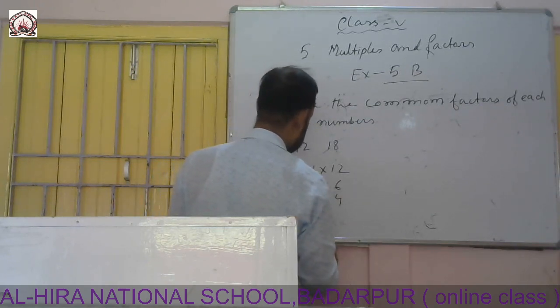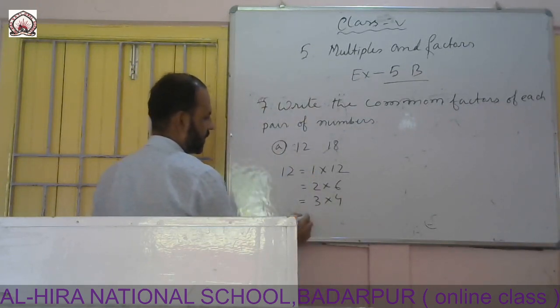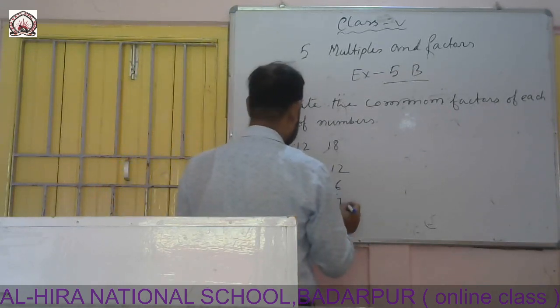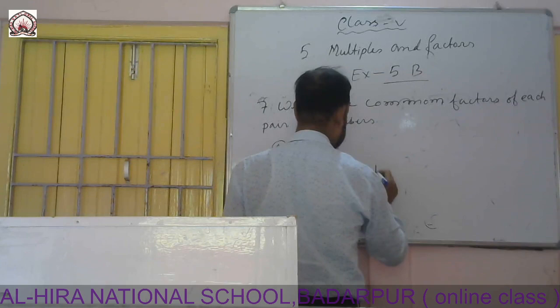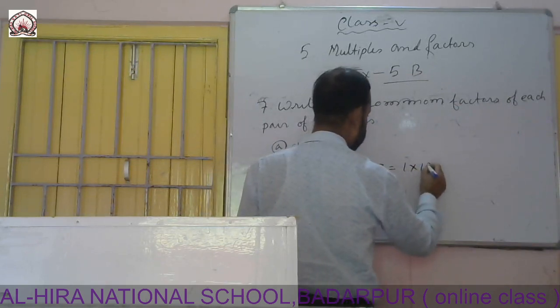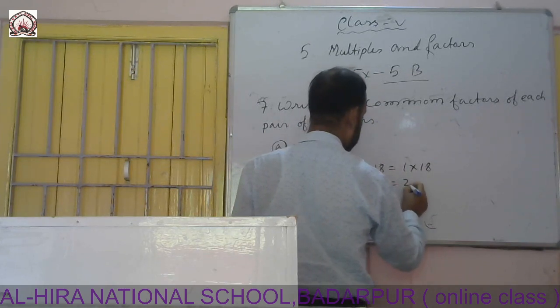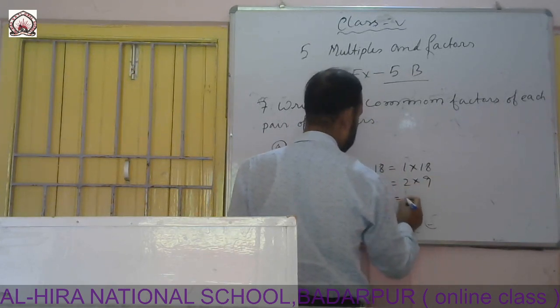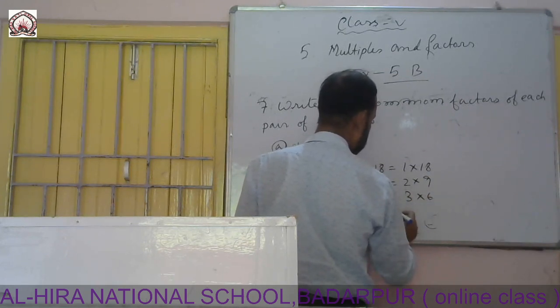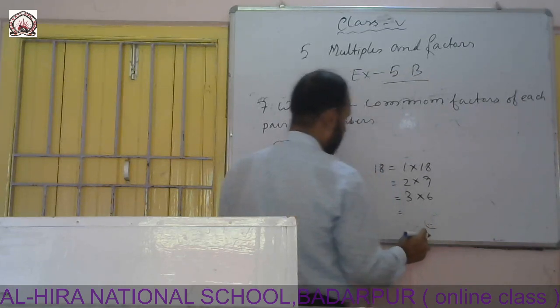The factors of 18 are 1 into 18, 2 into 9, 3 into 6, 4 not, 5 not.